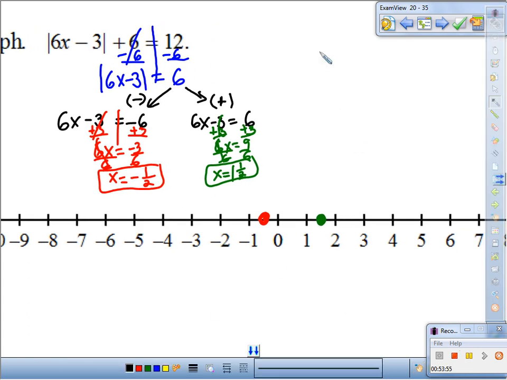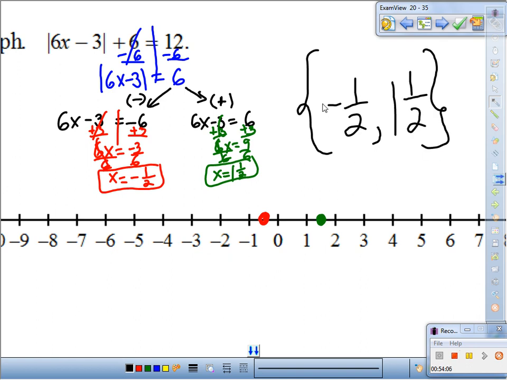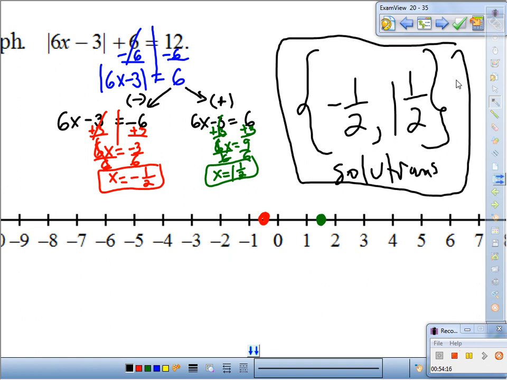No. Solution set. Negative 1/2, comma, and 1 and 1/2. Notice that this is not a coordinate because it's not a parenthesis. So what? A solution set. This is my solutions. Hands up if you got that by yourself. Okay, good. Go to number 21.